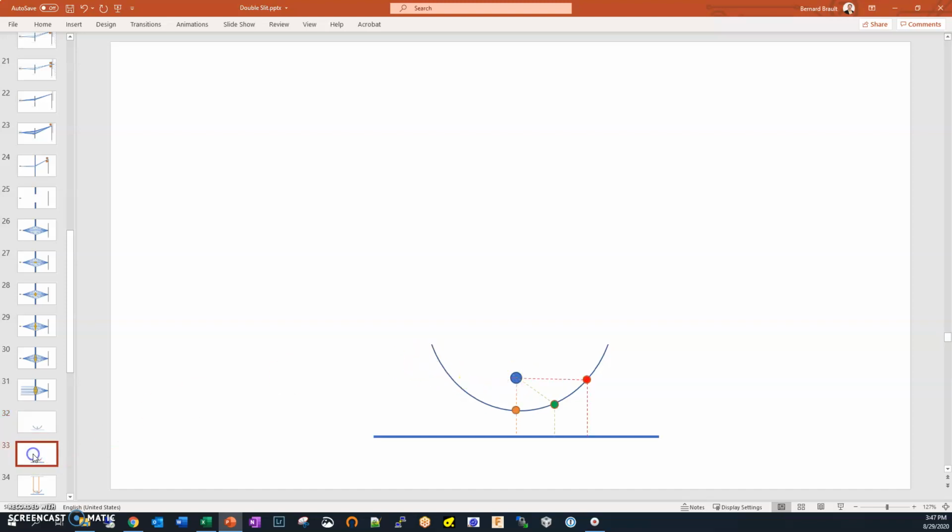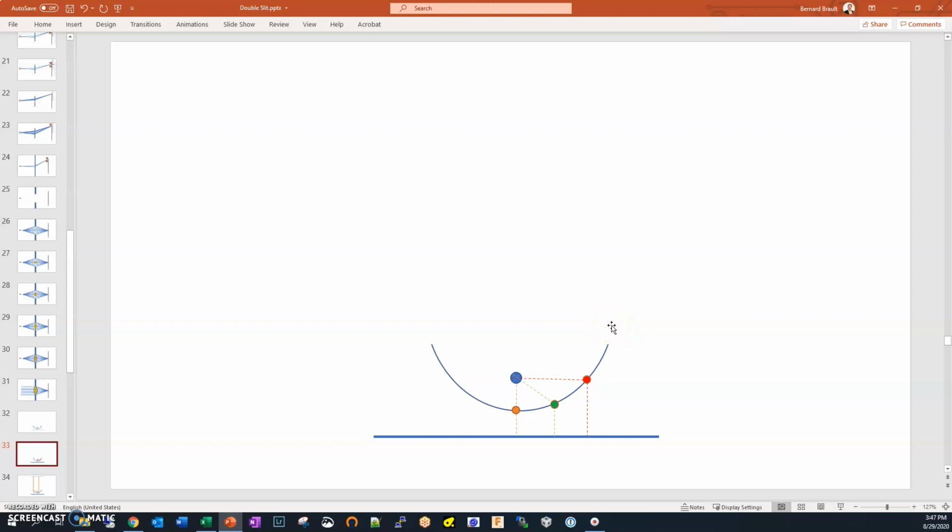I'll show you a couple of examples. The orange point right there is exactly the same distance from this line, perpendicular of course, and from the focal point. Same thing with the green dotted line, it's the same as here, and the red line is constructed that way too. As long as each of these points is equidistant between the focal point and the line, you're forming a parabola.